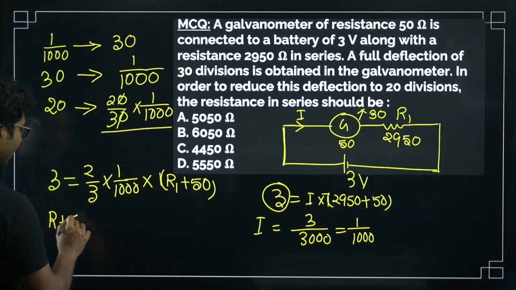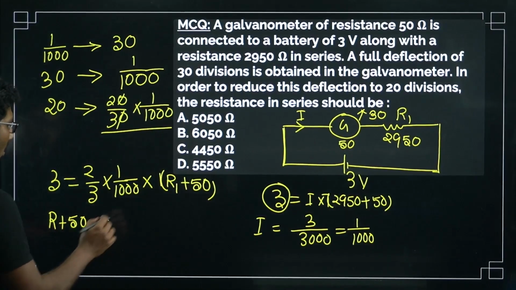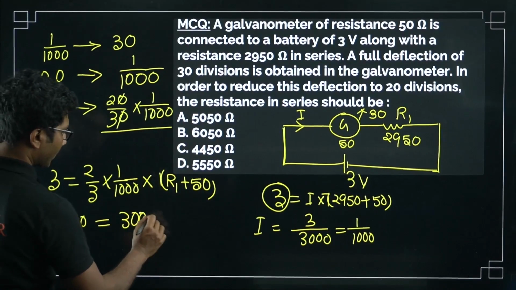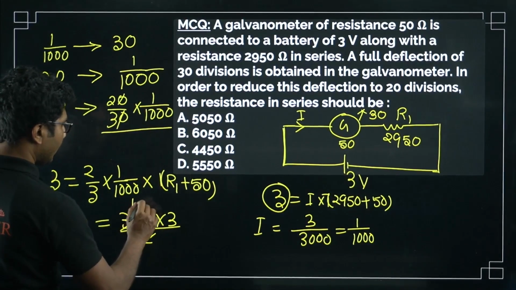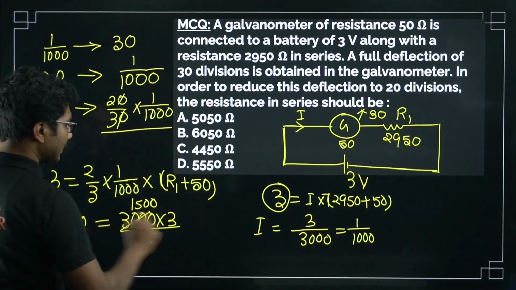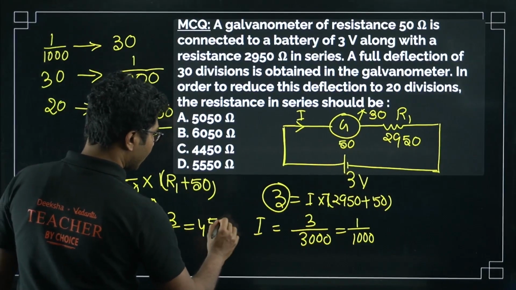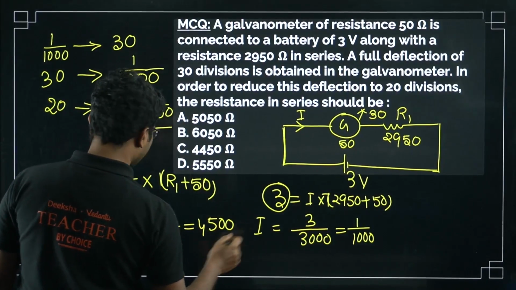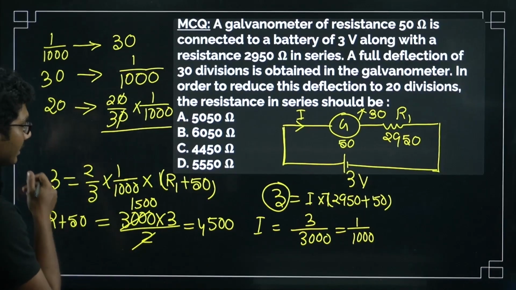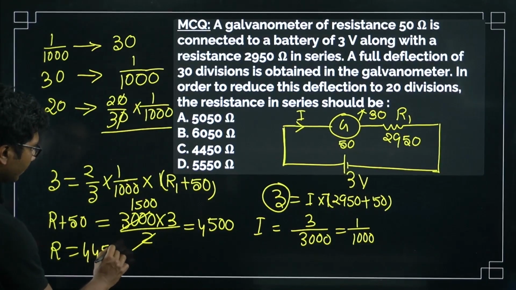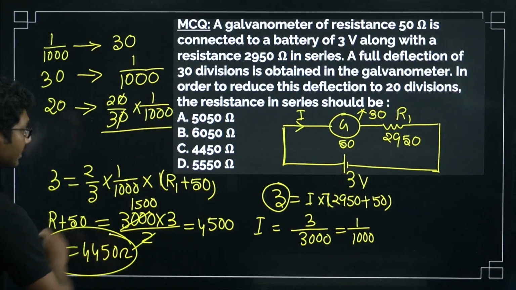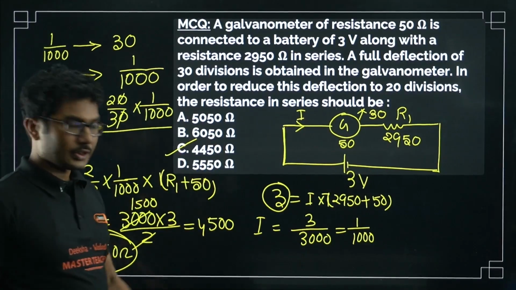R1 plus 50 should be equal to 3000 into 3 divided by 2, so it will be 4500. Then the new resistance will be 4450 ohm. So the correct answer is option C.